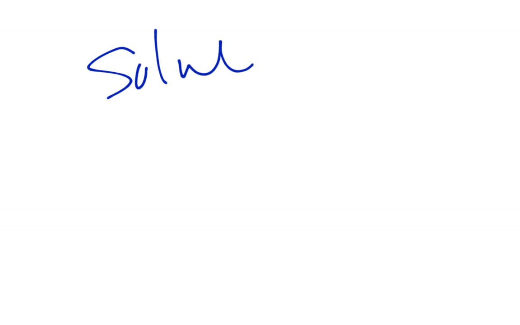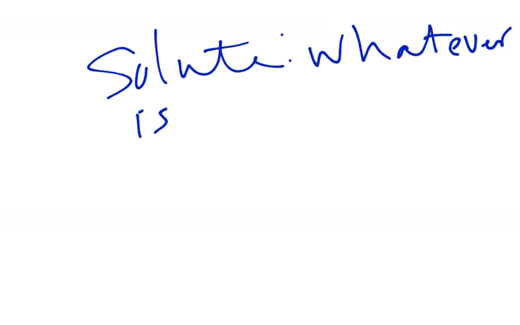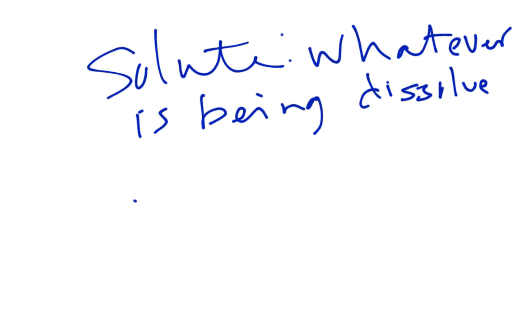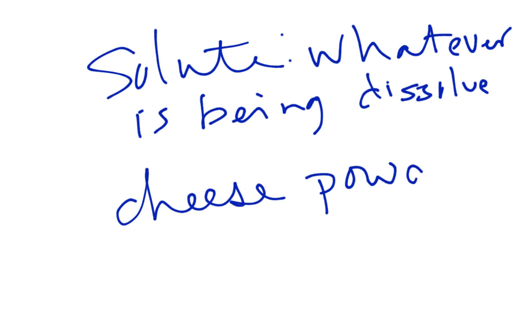Solute is whatever is being dissolved. So if you think about macaroni and cheese, it is the cheese powder. That would be the solute. It is being dissolved by the milk.